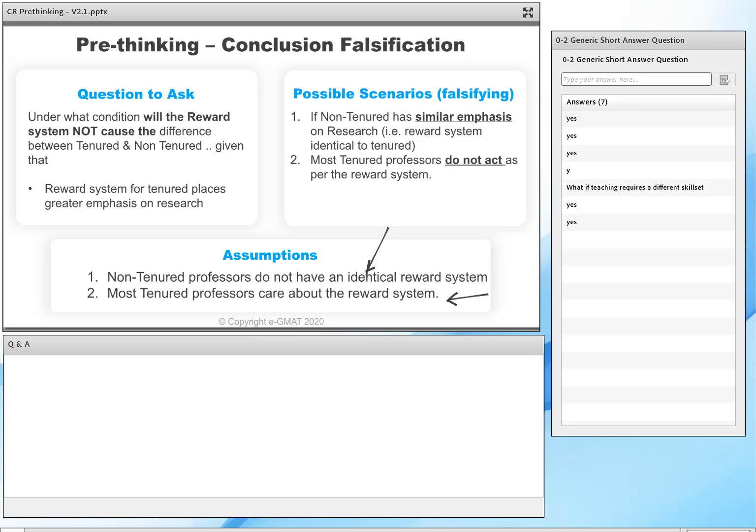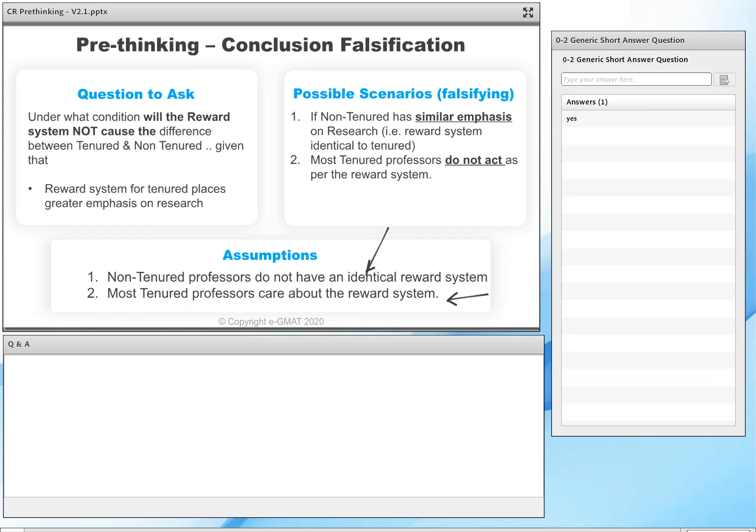Most tenured professors care about the reward system. Can you see how when you pre-think, and go through this entire process, you can come up with assumptions fairly easily?